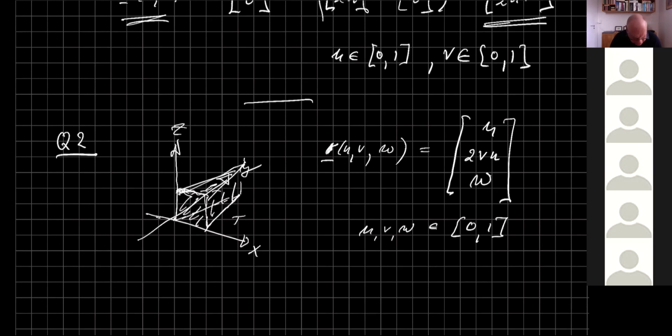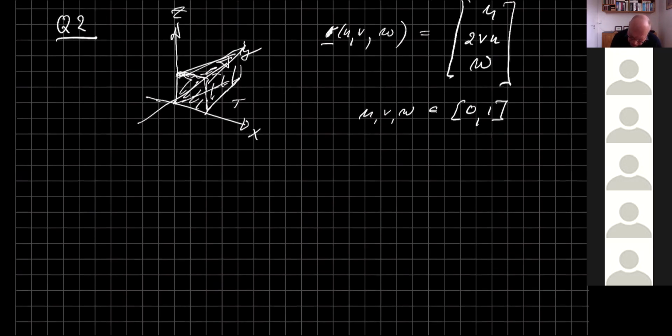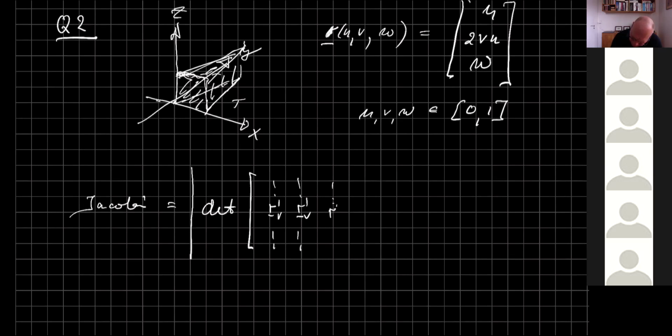So this is my representation. And then remember, when you calculate the Jacobi function here, it's equal to the numerical value of the determinant that I write here, r prime u, r prime v, and then r prime w.